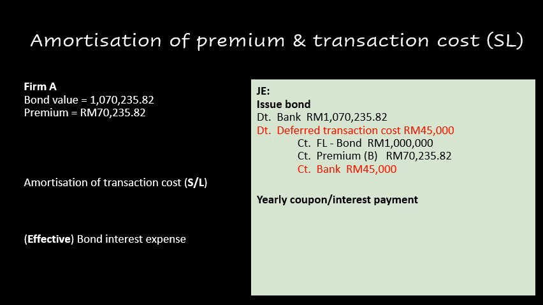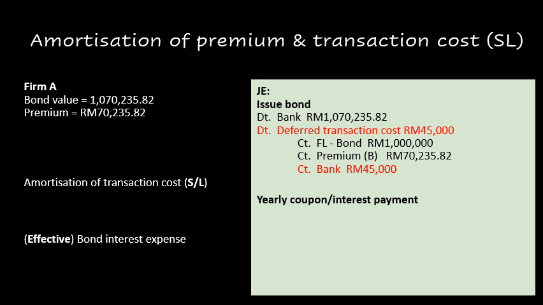What we can see here, there is an additional account, the deferred transaction cost account, and a credit in the bank account for the payments of the transaction costs. This simply means the transaction costs that we paid when we issued the bond will be part of the bond value, thus deferred to be recognized as part of expense at a later date, basically at the end of each period when we recognize bond interest expense.